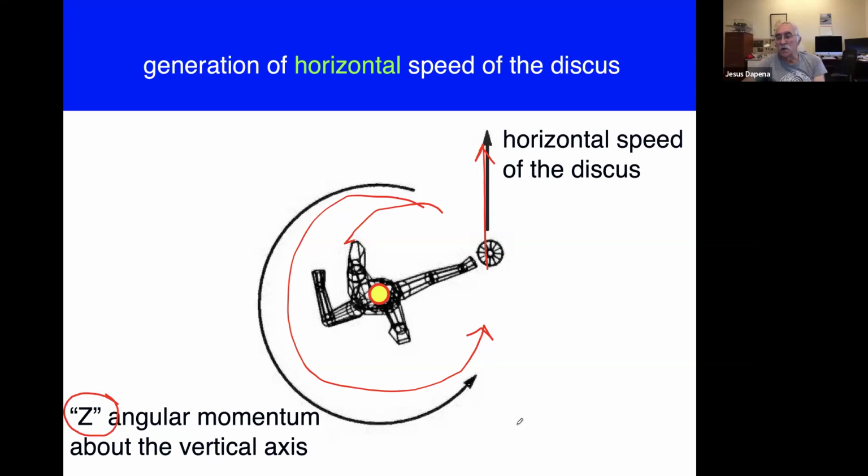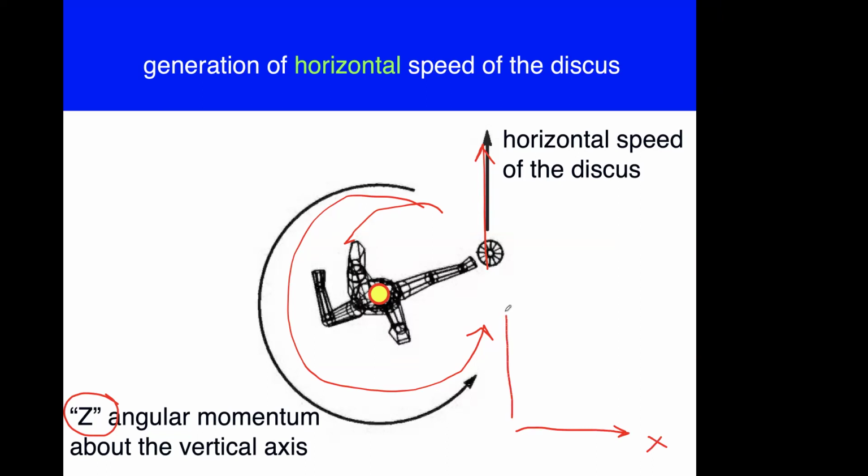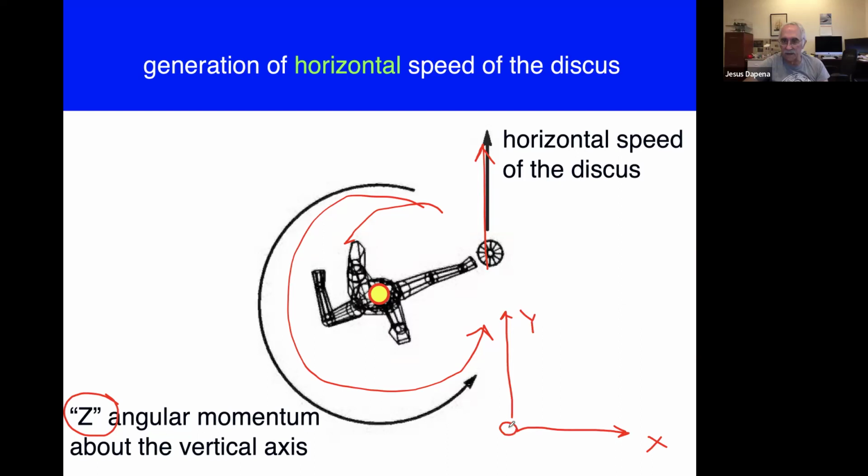That's because normally when you analyze things in biomechanics, you need to set up a reference frame. And the reference frame normally looks like this. And this third axis is the z-axis.